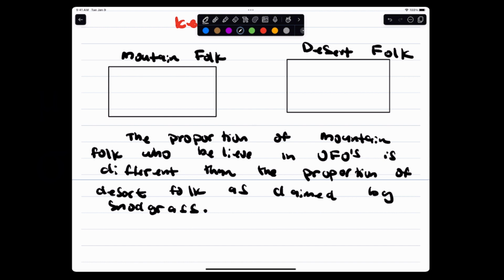Snodgrass. Okay, and then I'm going to do something a little bit different when I describe your sample. I'm not going to use all the words.